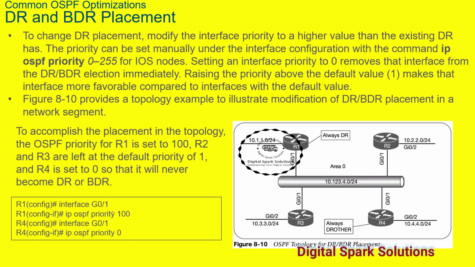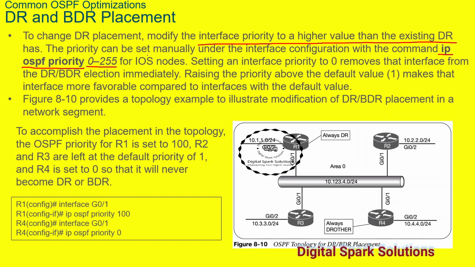DR and BDR placement: to change DR placement, modify the interface priority to a higher value than the existing DR has. The priority we can set manually and the range is between 0 to 255. The command is ip ospf priority, then set the value. Setting an interface priority to 0 removes that interface from the DR election immediately.